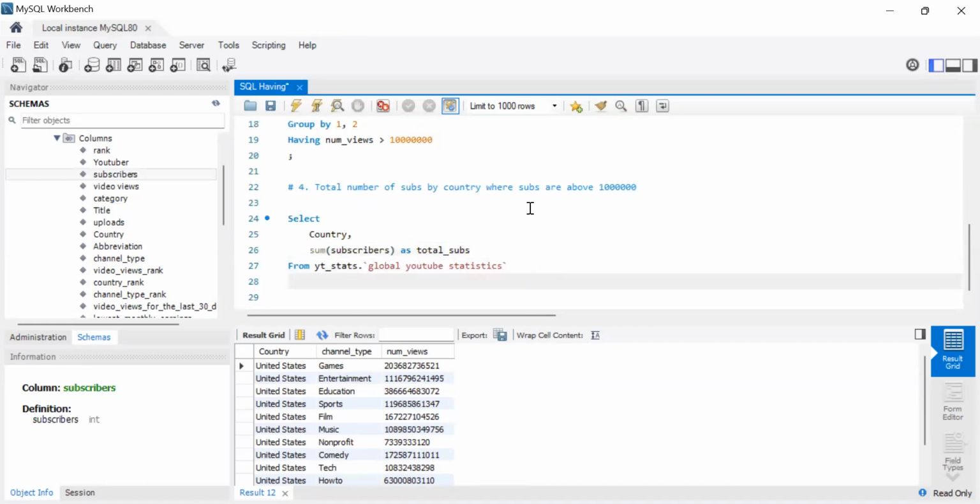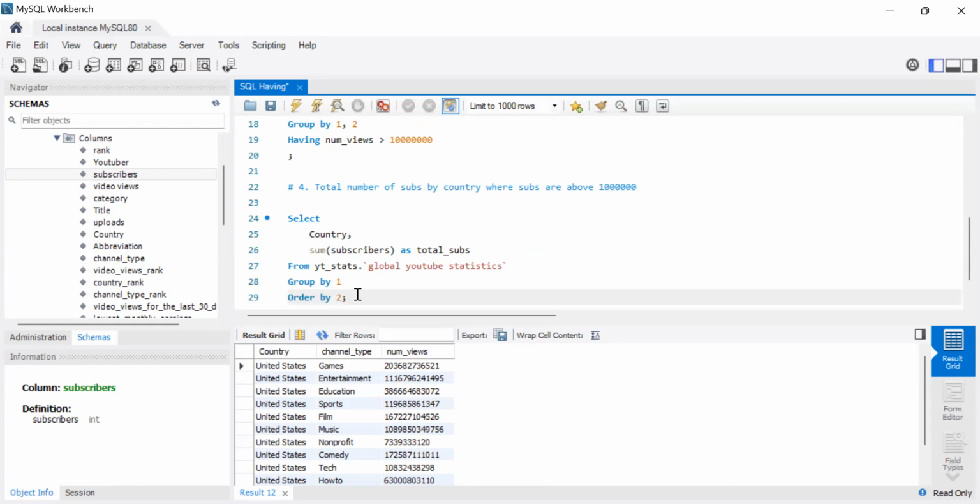Then, sorry about that, guys. Okay, so we are grouping by 1, which is country, and we want to order by 2.